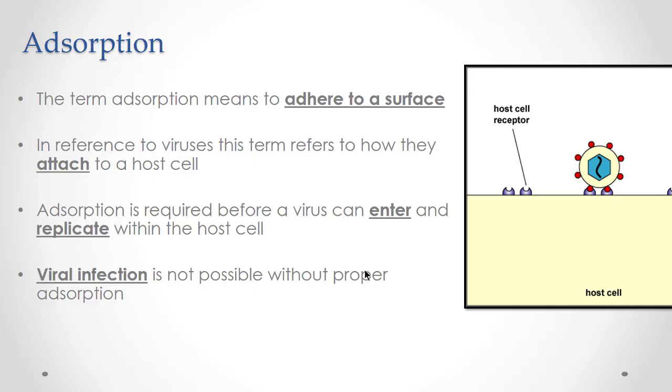And this is what maintains certain viruses in the animal world, certain viruses in the bacterial world, and certain viruses in more specific sectors. Protozoa, fungi, algae, they all have their own viruses. And adsorption, for the most part, keeps them in their own little sector. And so you don't usually see viruses jump from one kind of host species to the other. Adsorption usually keeps that in check.